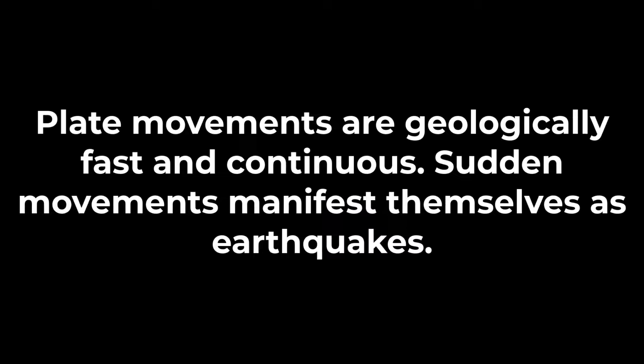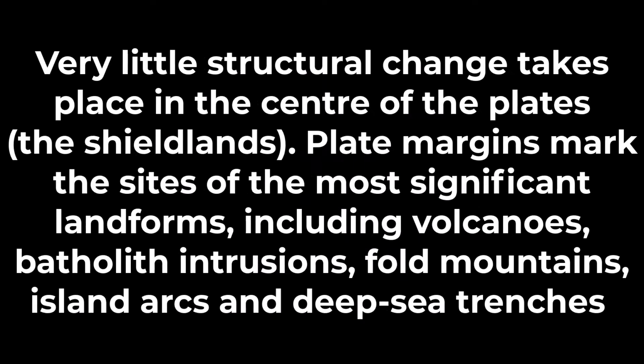Plate movements are geologically fast and continuous. Sudden movements manifest themselves as earthquakes. Very little structural change takes place in the center of the plates, and as you know, the centers of the plates are known as shield lands.